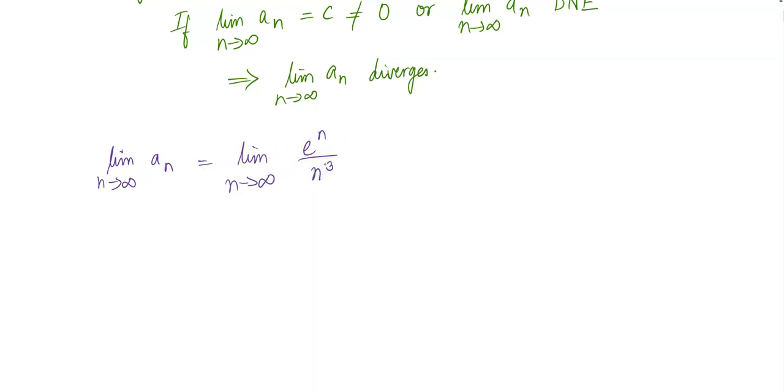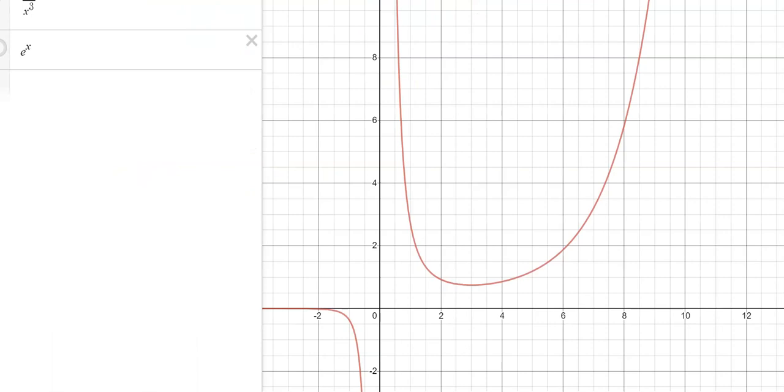Now in order to find the limit for this one, this is in the ratio setup, there are plenty of ways to approach this. So one is you could use the graph. You could look at the graph and determine what happens as n approaches infinity. So I have the graph for e power n over n cubed, because I can't put the n, I put the x in Desmos.